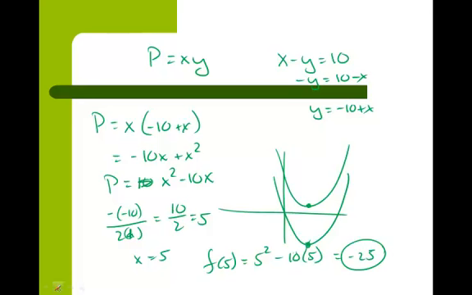The area problem that I asked you to look at, they gave us some information about perimeter. So the perimeter is 100, and I want to find out some information about the area.